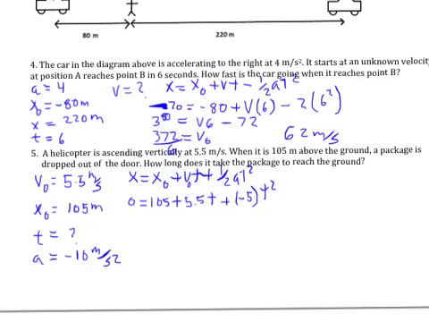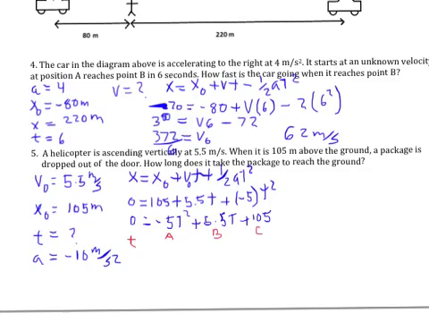I'm just going to switch these around, put the square first and this last, and I've got a quadratic on my hands. So 0 equals -5t squared plus 5.5t plus 105. If I'm doing this as a quadratic, t is x, and this is a, this is b, and this is c.